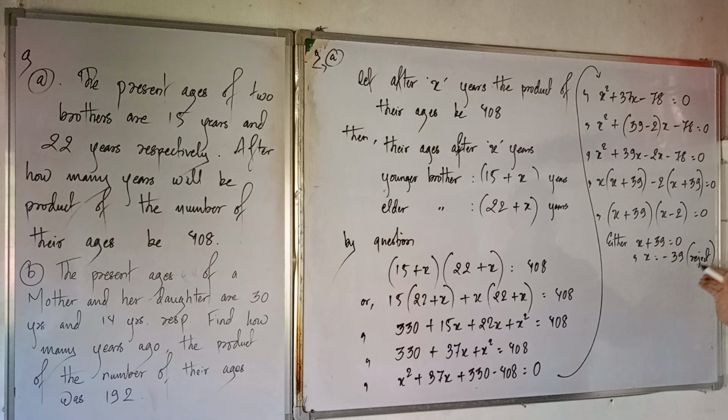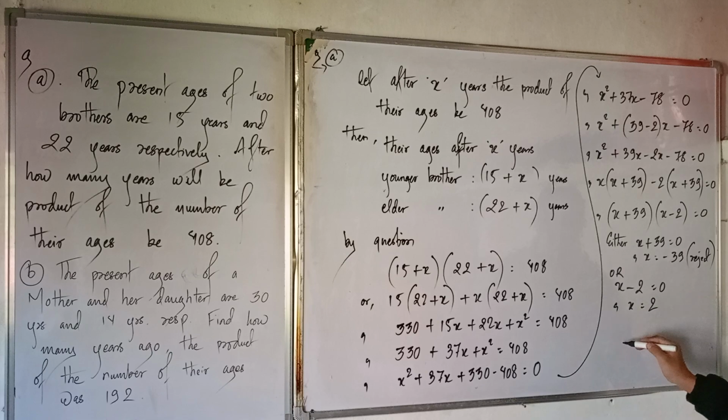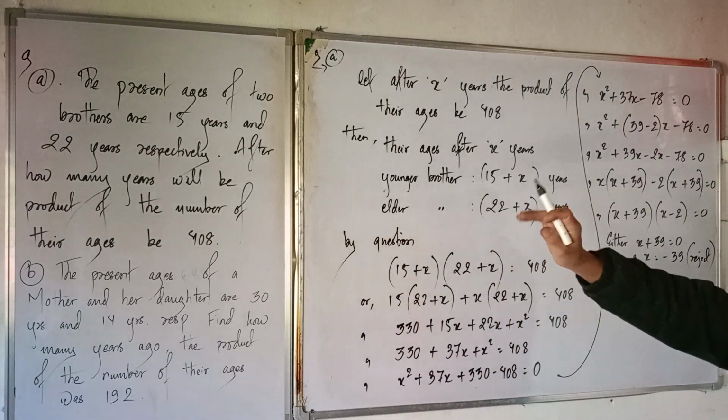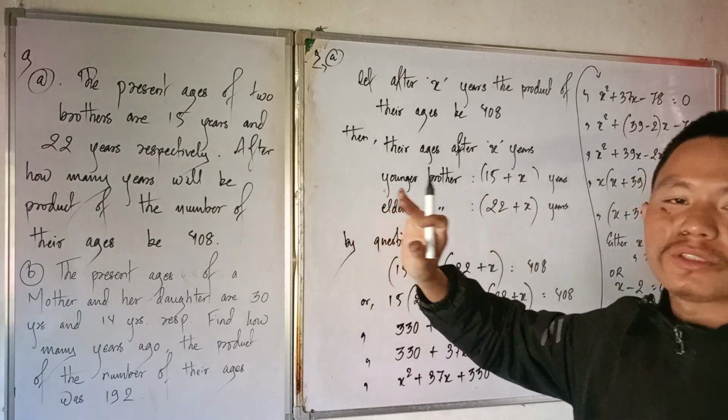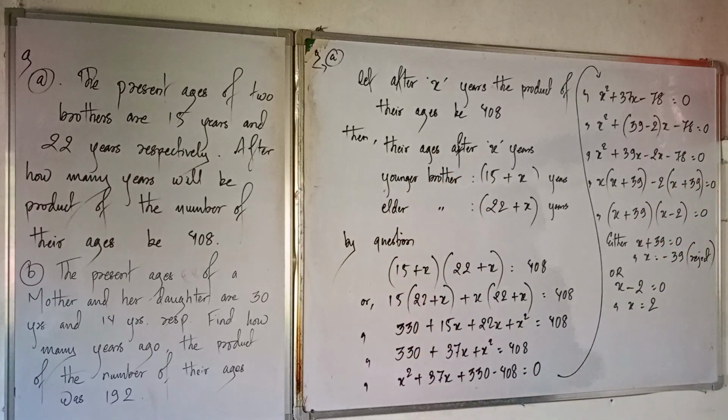And when you take the other factor, x minus 2 is equal to 0, so x equals 2. Therefore we got the answer: after 2 years the product of the brothers' ages will be 408. This is the answer.